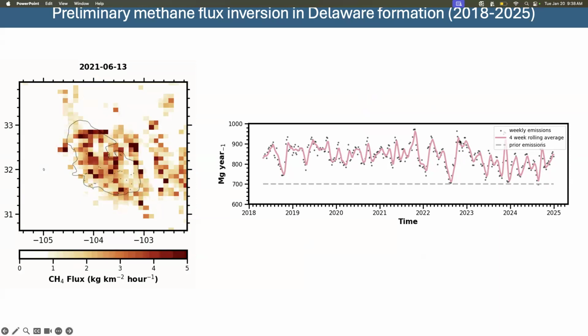But there are some interesting features as well, for example this sharp decline and then sharp increase. I don't have any answer for what the cause was as of now. I also need to do inversions for the second domain first and then see results after combining them, so I guess I'll have better results soon. But these are some preliminary flux inversion results.